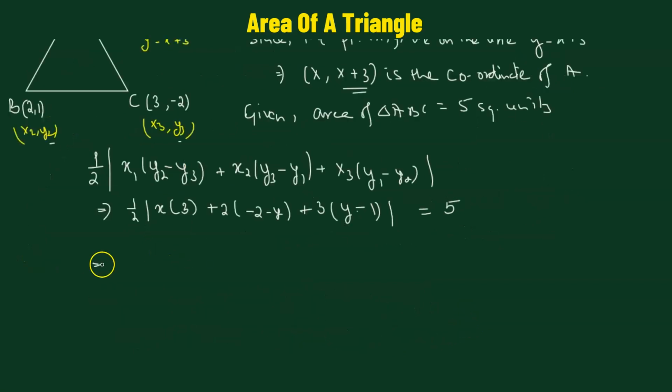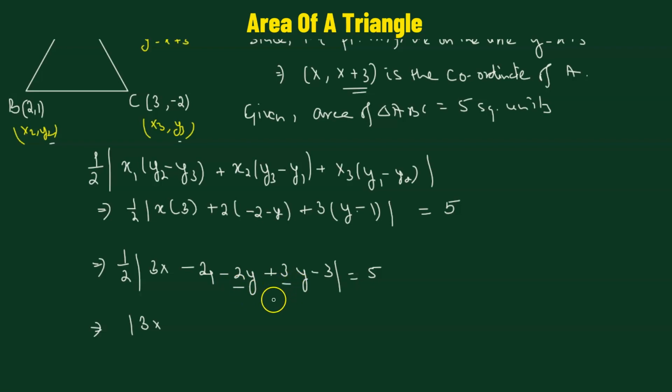So this is going to give us half multiplied to 3x. We have 2 times negative 2, that's negative 4, minus 2y plus 3y minus 3. This will equal 5. We multiply both sides by 2, so we get 3x, negative 2y plus 3y, that's simply positive y.